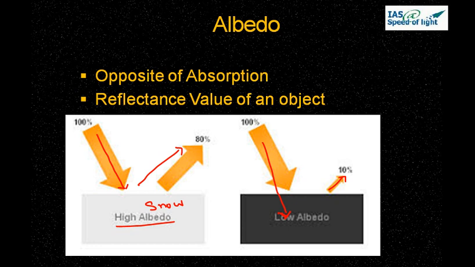So less absorption or high albedo would result in low temperature. It makes sense. High absorption and low reflectance would result in high temperature. So temperature is a result of how much radiation is getting absorbed by the surface.